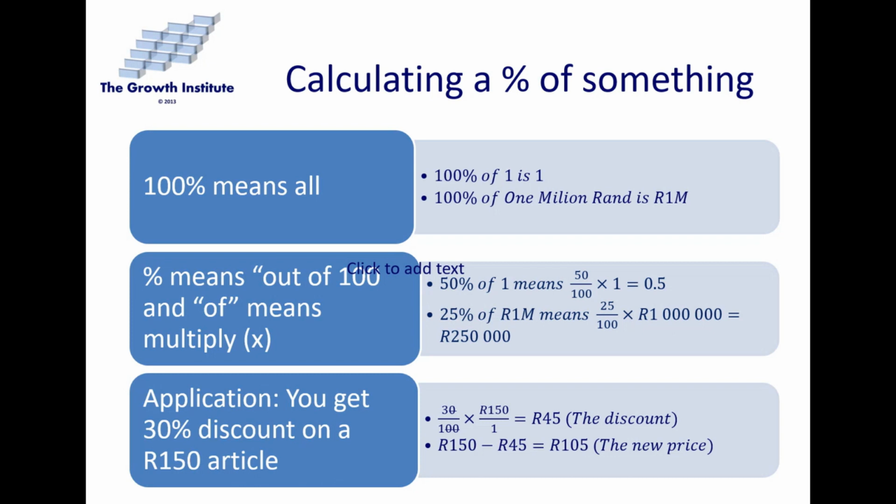Now, you could do that on your calculator, I mean, you're allowed to use a calculator, or you could simply get rid of the zeros by cross-canceling. So 100 has 2 zeros, and there's a 0 in the 30, and there's also a 0 in the 150 above. And then you're just left with 3 times 15, and it's 45. So you would be able to do that calculation without a calculator.